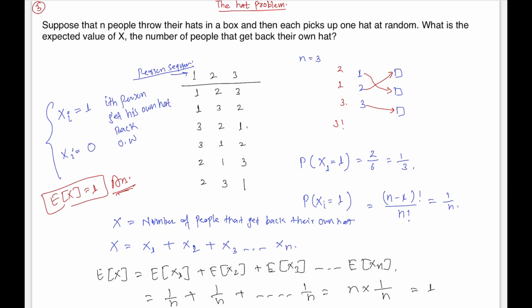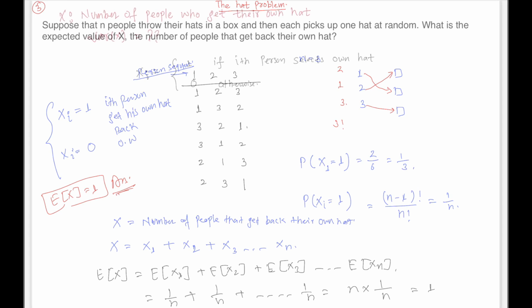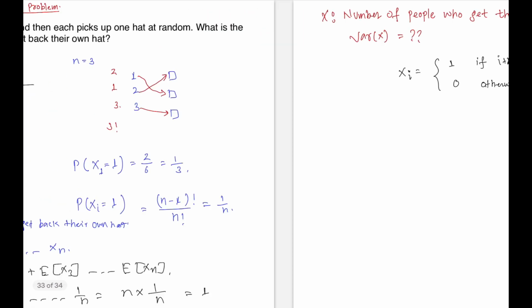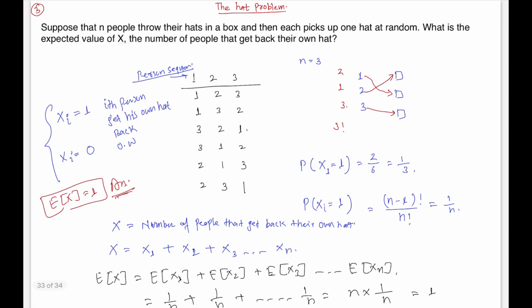So let's try to find one more quantity, that is the variance of this random variable x. So let's calculate the variance of this same random variable x. I hope at this time you are comfortable with this question and how we have calculated the expected value using the linearity property of expectation.